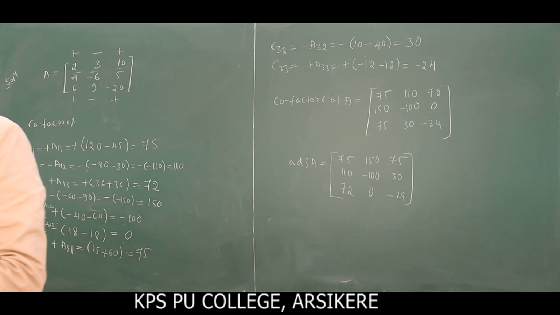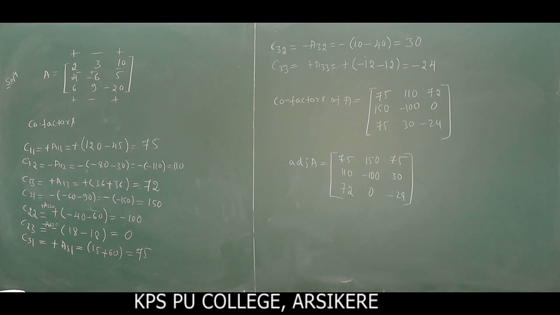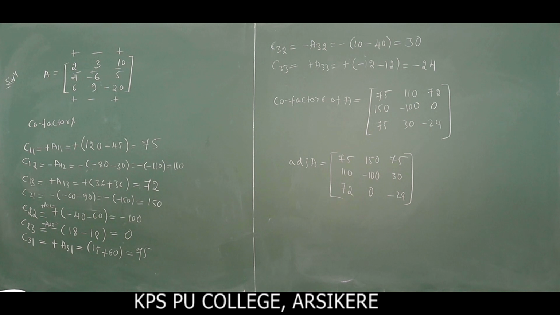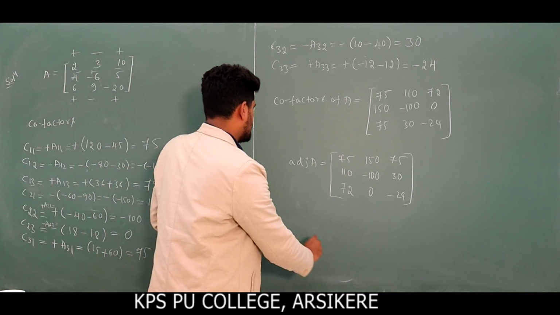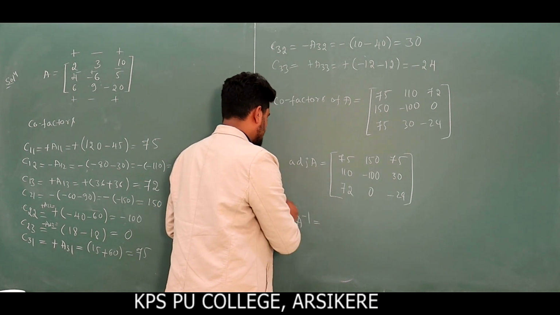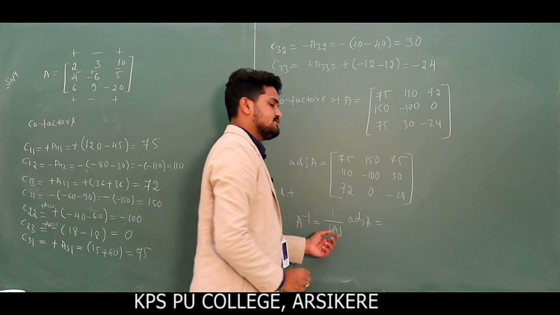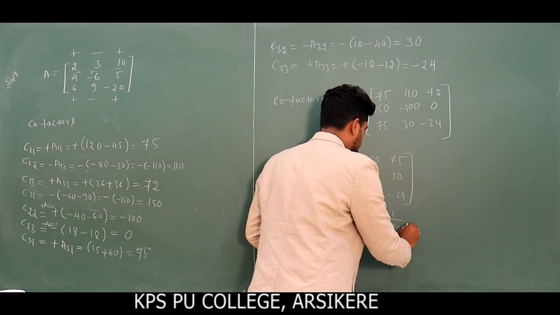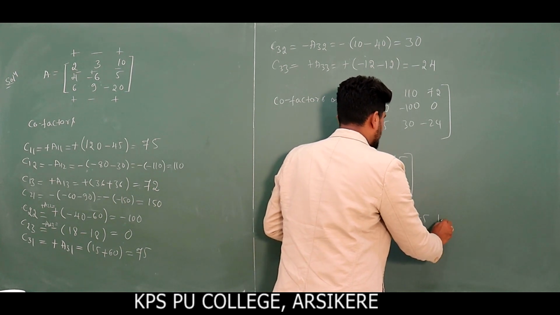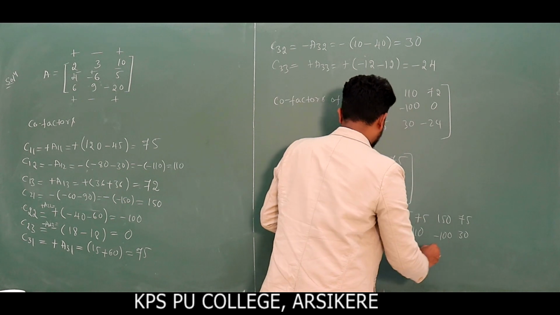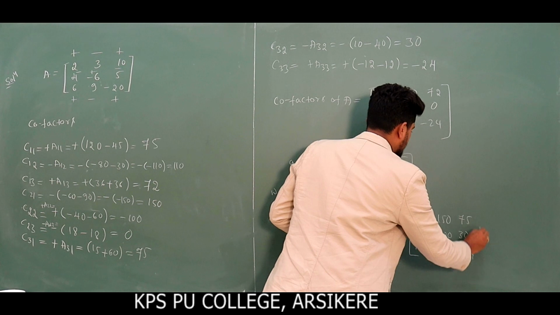Write first. Next, by using the formula, A inverse is equal to 1 divided by determinant of A into adjoint A. The determinant of A value is 1200, into adjoint A: 75, 150, 75, next 110, minus 100, 30, 72, 0, minus 24.